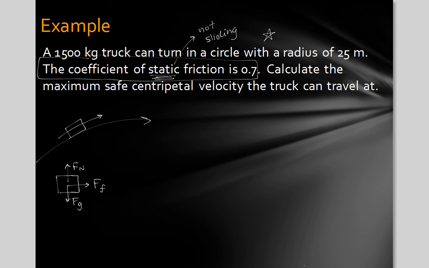So when we look at the F net equation, the sum of all forces acting radially inward, there's only one. So the net force is the force due to friction.